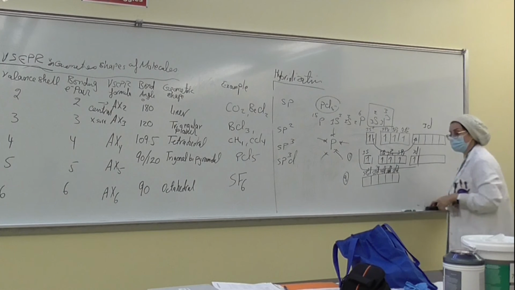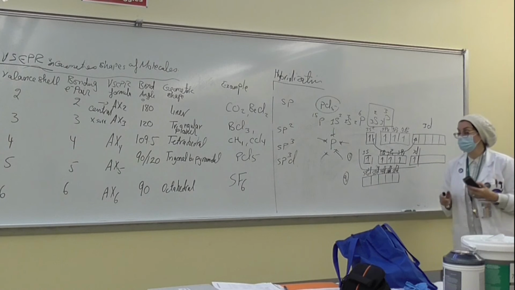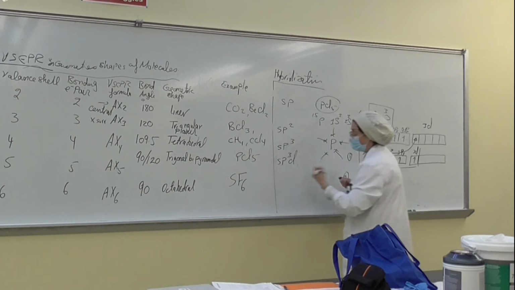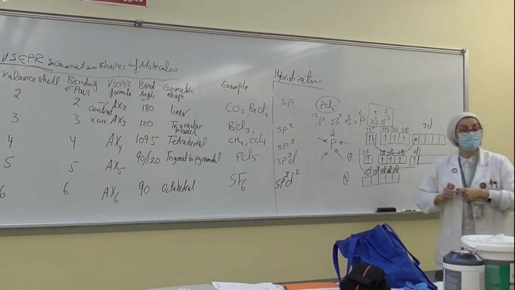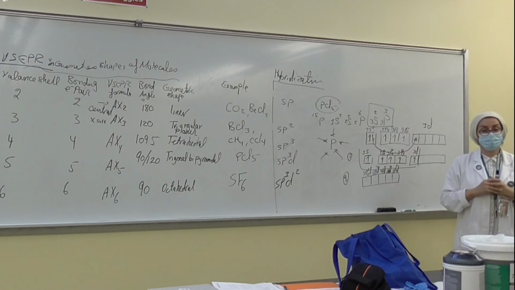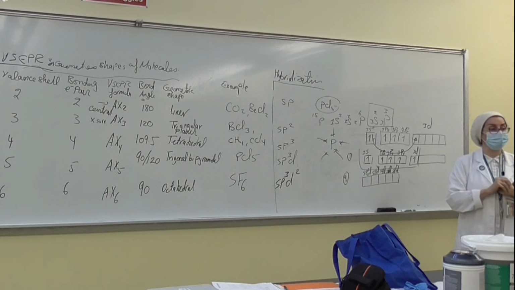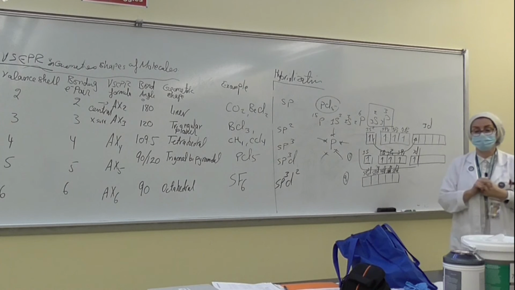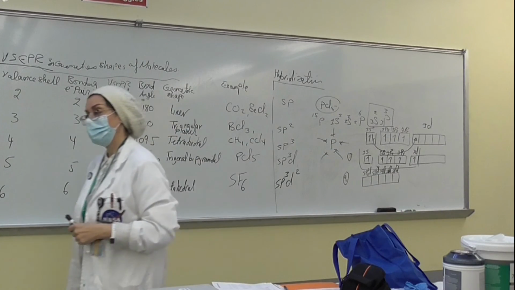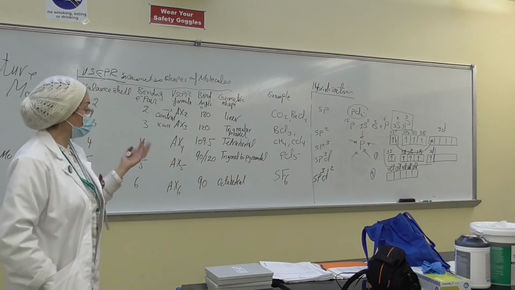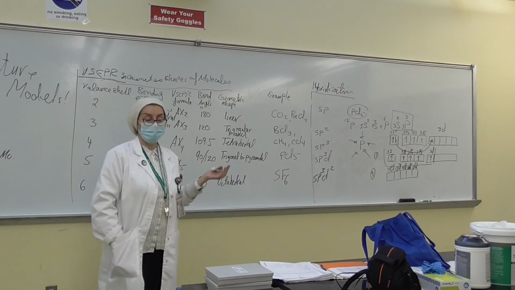Then we need another one from D. And that's where we are going to have SP3D2. Okay? Try to figure that out with sulfur. Let's see how we're going to be able to make it. You have sulfur surrounded by 6 fluorine.